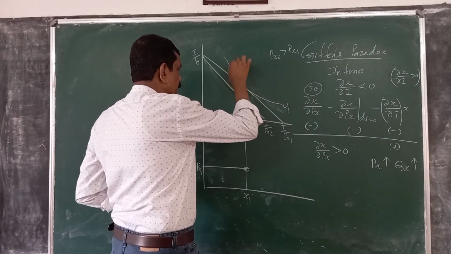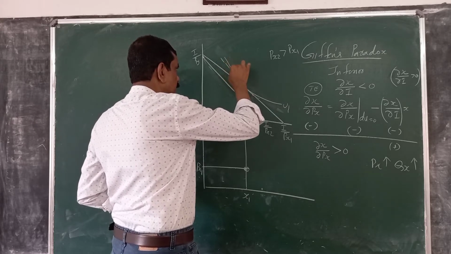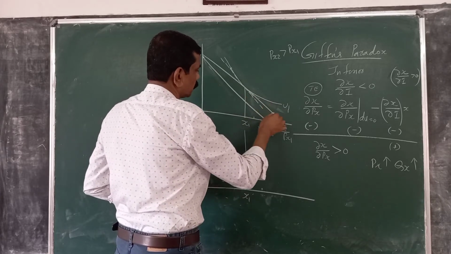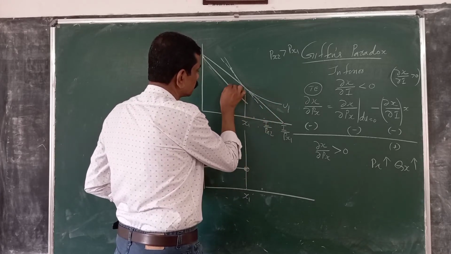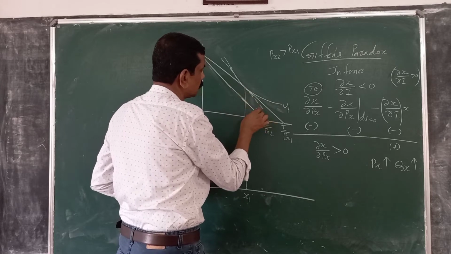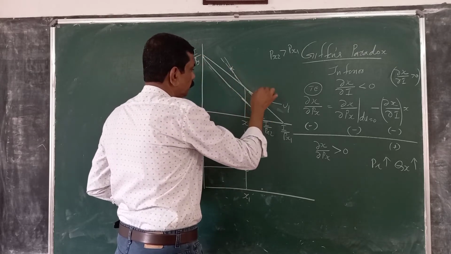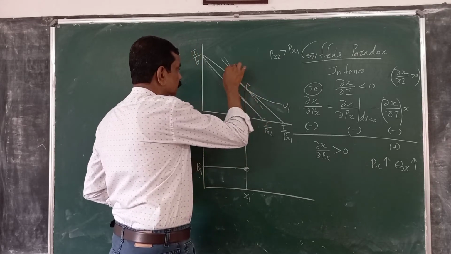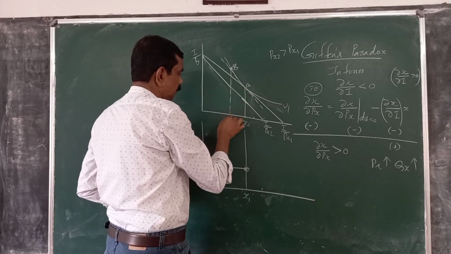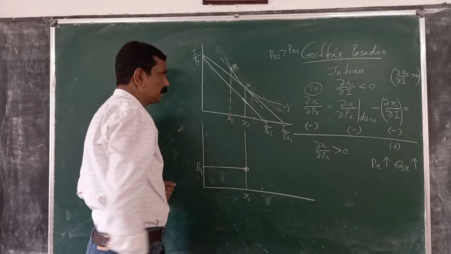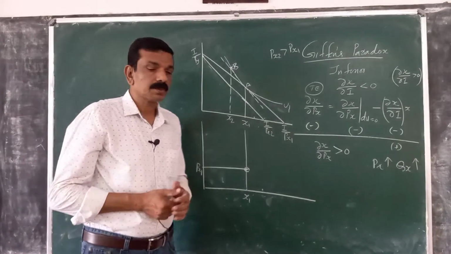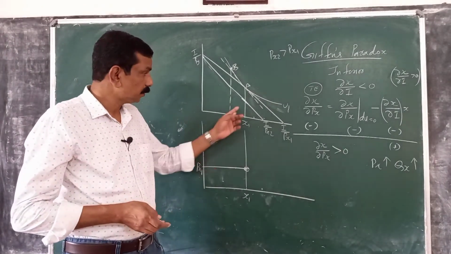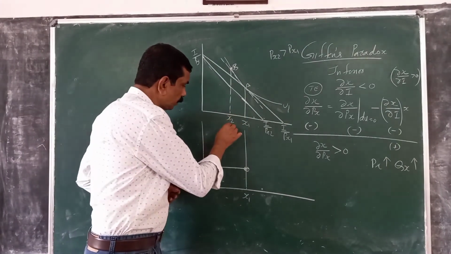the substitution effect is obtained by a parallel shift, that is, movement from point A to point B. The substitution effect reduces quantity from x1 to x2.